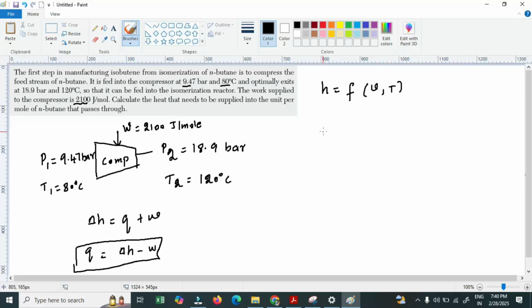Let me have state 1 here, and state 2 here. Since it is a process of compression, the volume will decrease during the compression. There is a possibility of a rise in temperature. Therefore, the temperature rises and the volume decreases. Let me choose a different color so that we can differentiate the path.